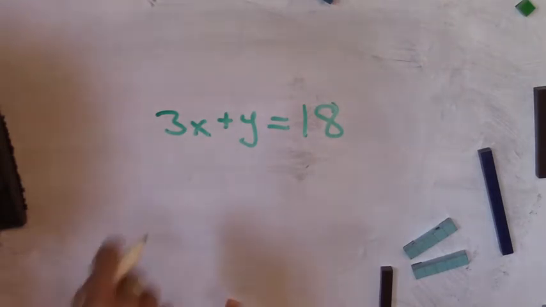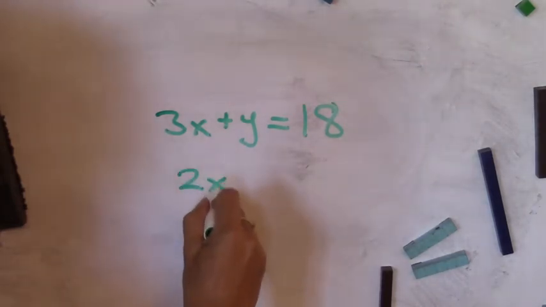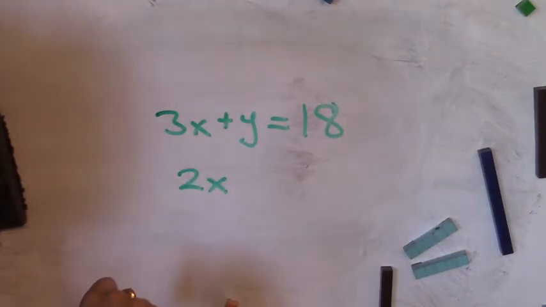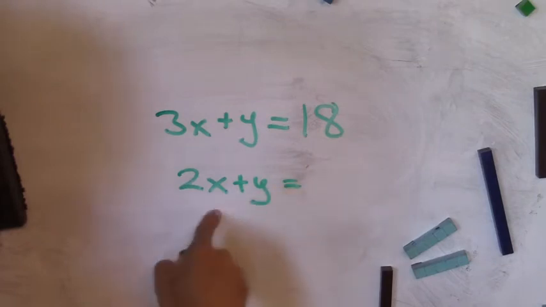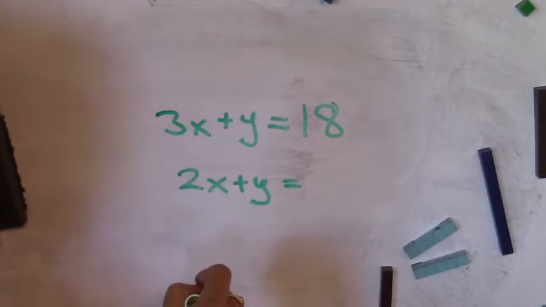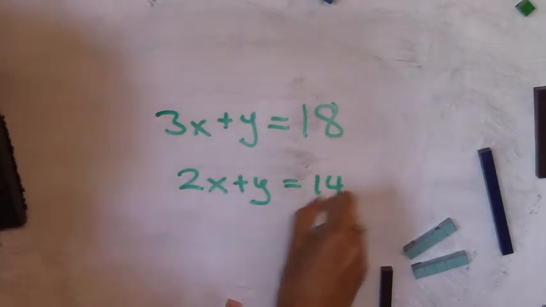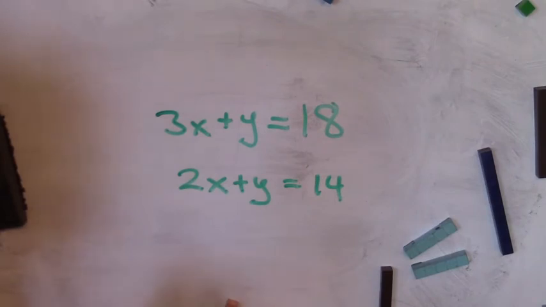And I'm going to say that 2x plus y is the same thing as 14. We'll make this super easy so you get the concept. That should be really easy to see.